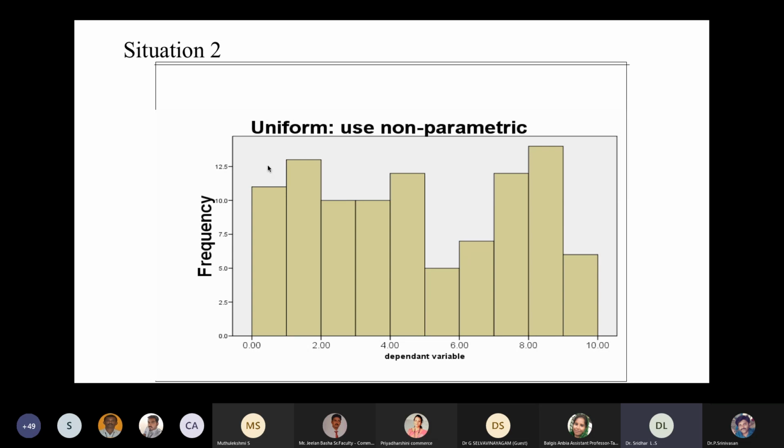You can declare this is a non-parametric one. You have to go for the non-parametric test. If you apply a parametric test, whatever conclusions you draw may not be right. That's the reason you choose the right tools with the help of parametric and non-parametric.